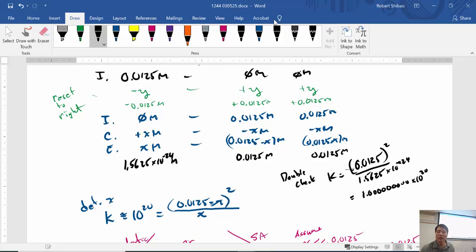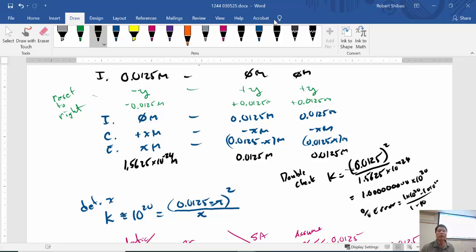Okay, now let's calculate our percent error. Our percent error is going to be our calculated value, 1 times 10 to the 20th, minus the accepted value, 1 times 10 to the 20th, divided by the accepted value, 1 times 10 to the 20th, times 100%, and our percent error comes out to 0% error.